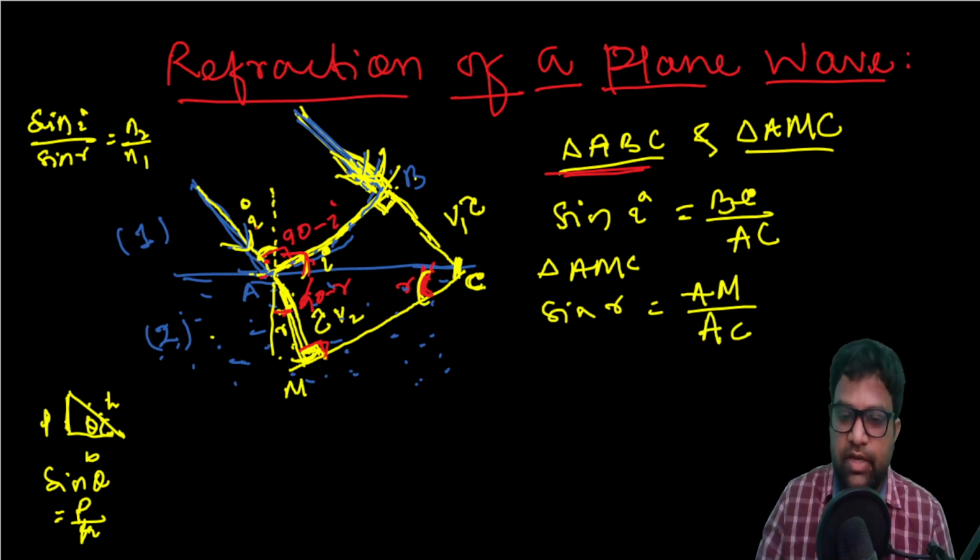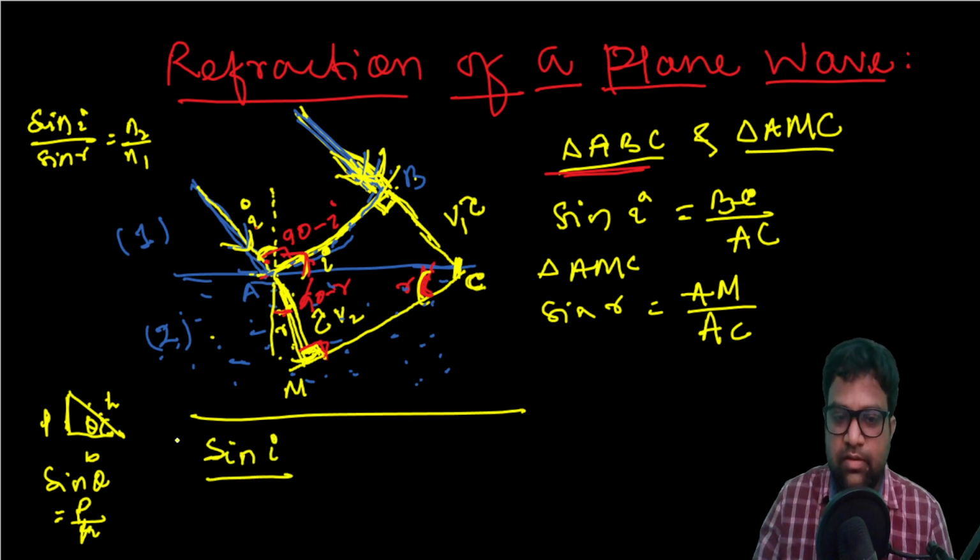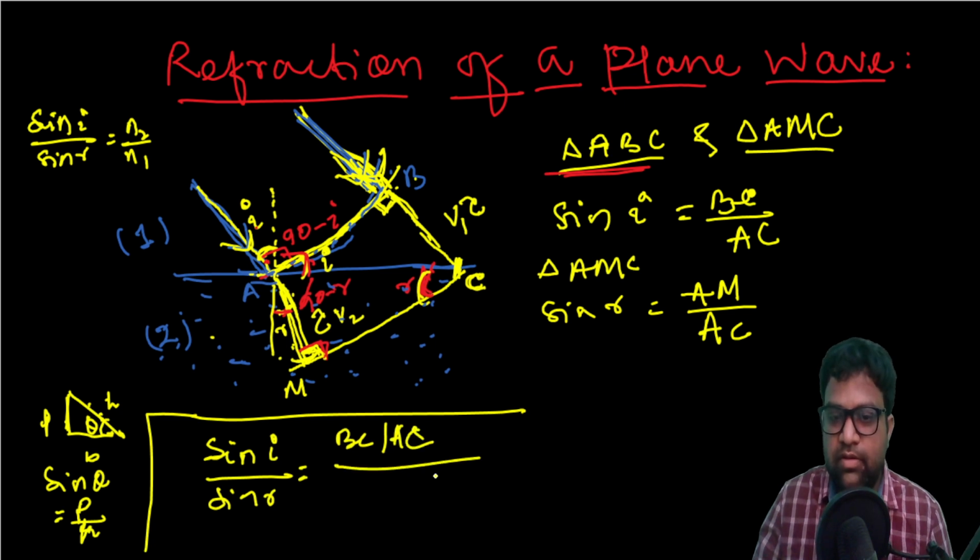Now if we write sin I by sin R, so your BC by AC divided by AM by AC.